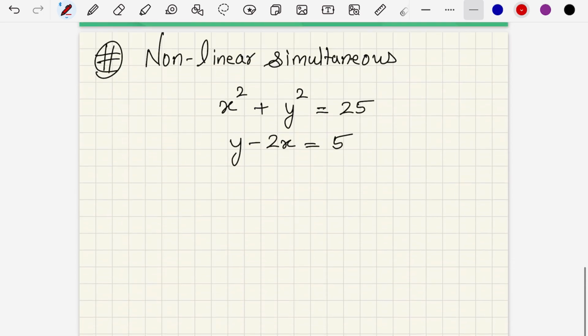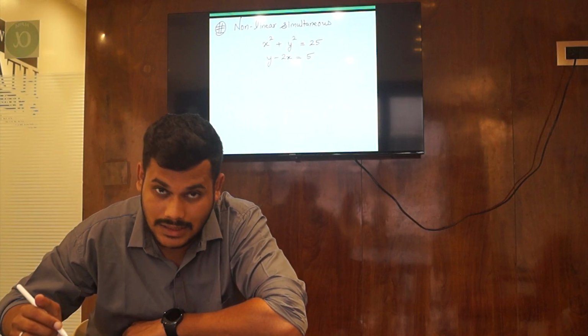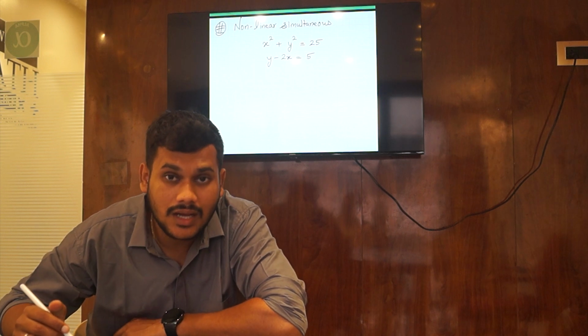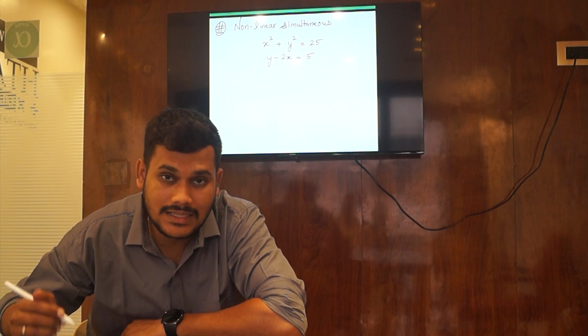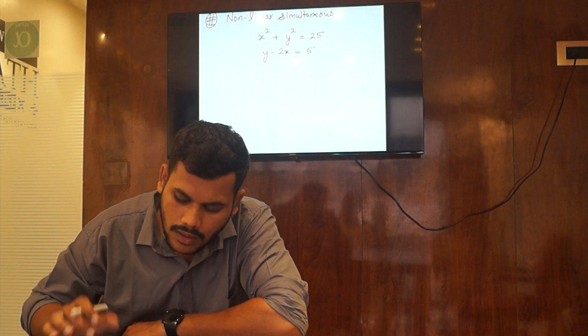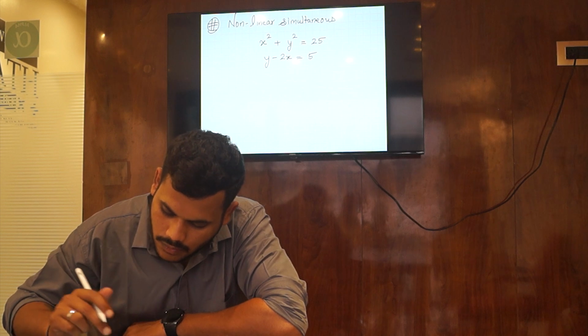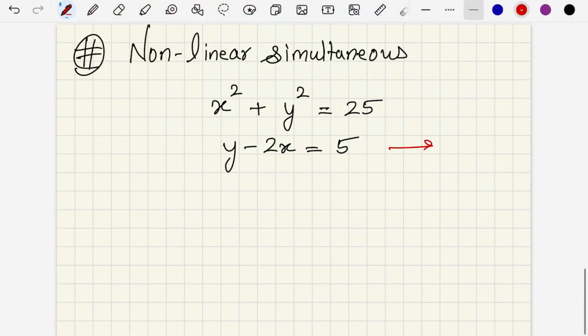Now we'll see a non-linear simultaneous equation. What do you mean by non-linear simultaneous equation? This is a question which comes moreover in the IGCSE 10th grade exam. Here, one of the equations is linear and one of them is not. For the linear equation, you can make either x the subject or y the subject.